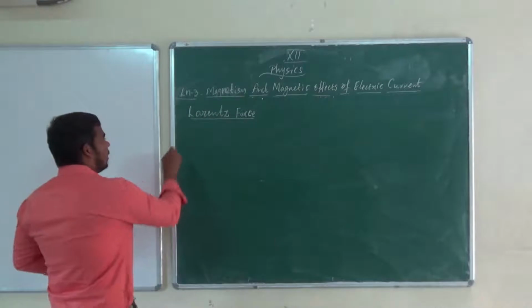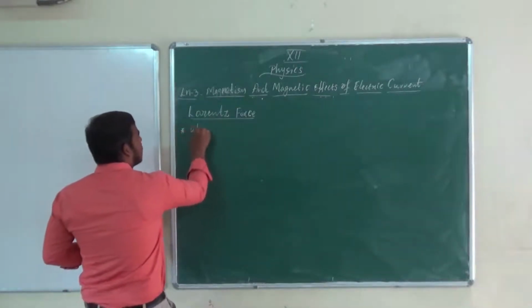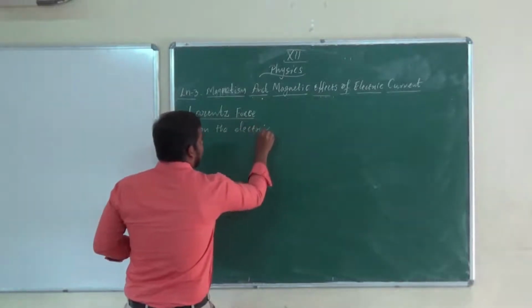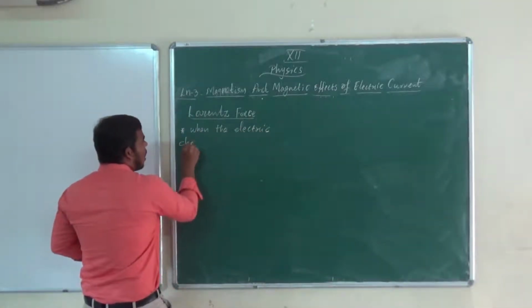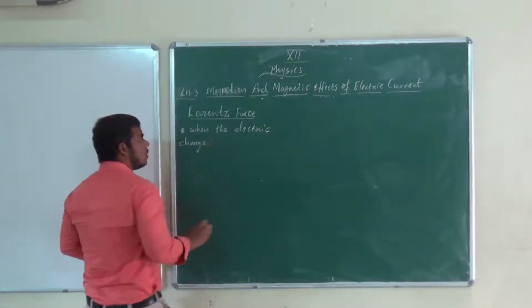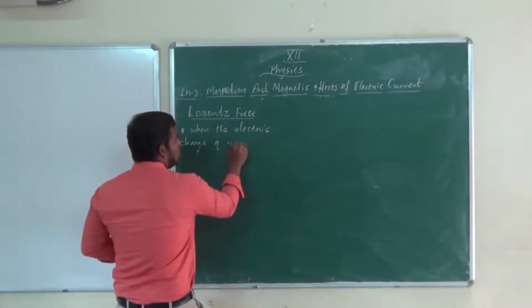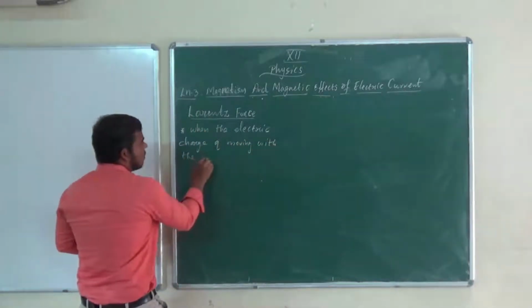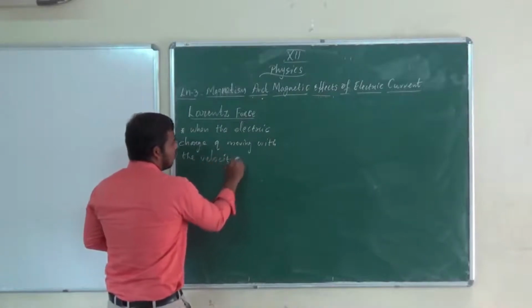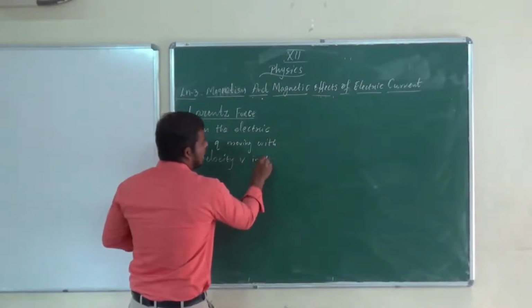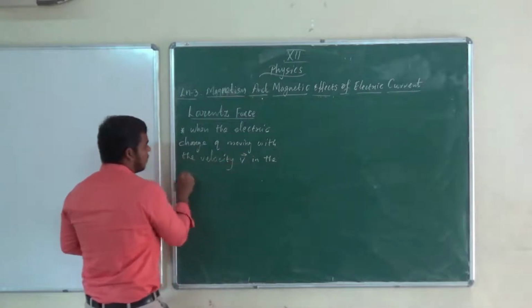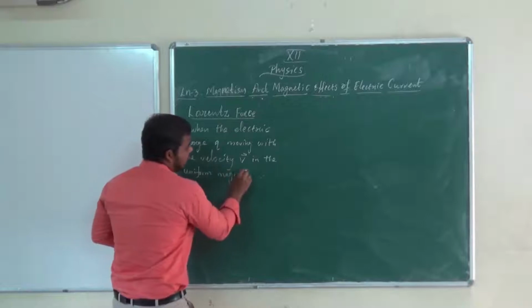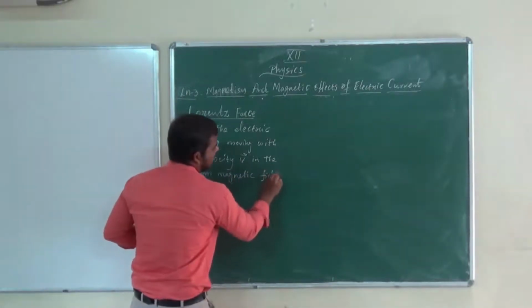So when the electric charge Q is moving with the velocity V in a uniform magnetic field, just now we discussed what?